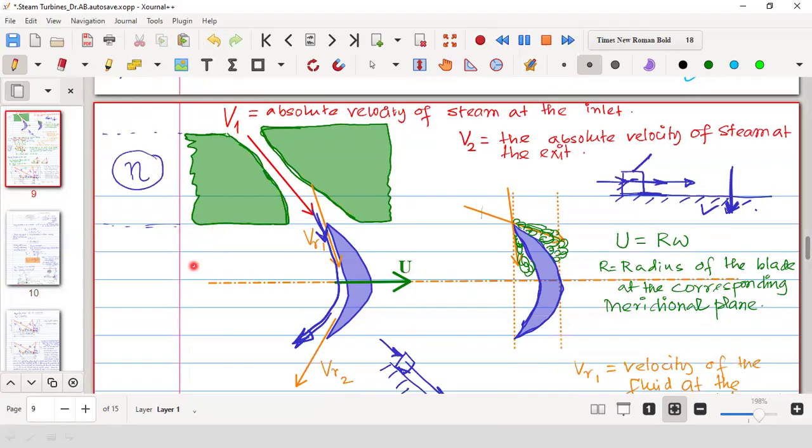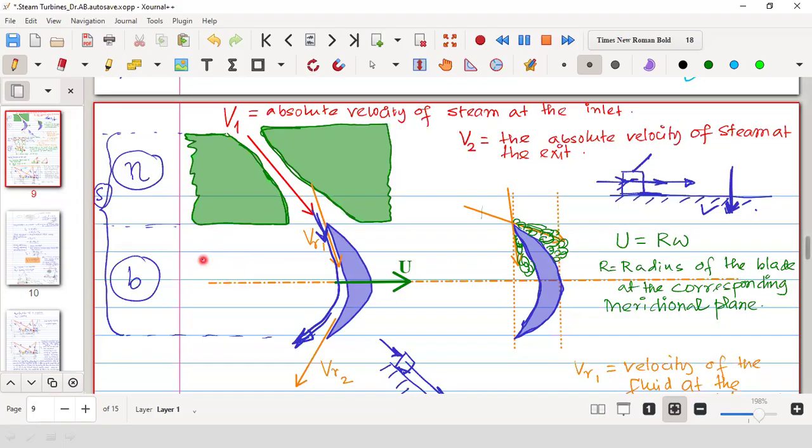And here it is the blade. So it is B. And taking these two together, this is the stage S.